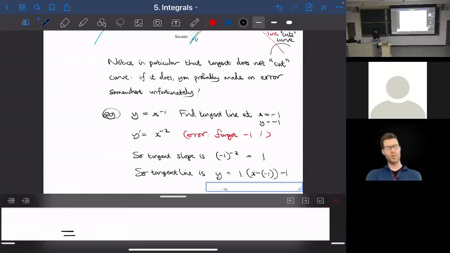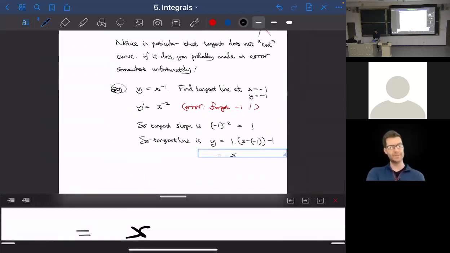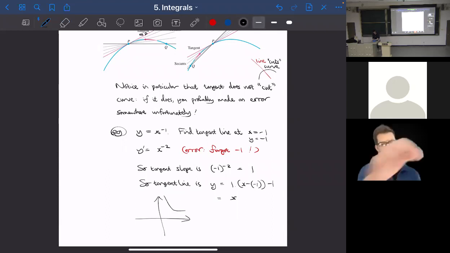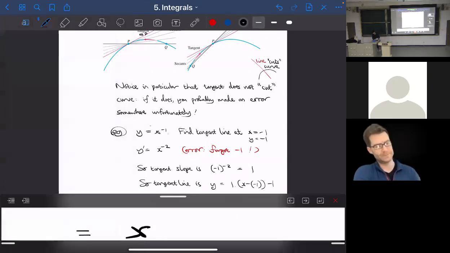Okay, so multiplying that all out, the tangent line will be y equals x. So now I draw my graph. My graph of 1 over x looks like this.